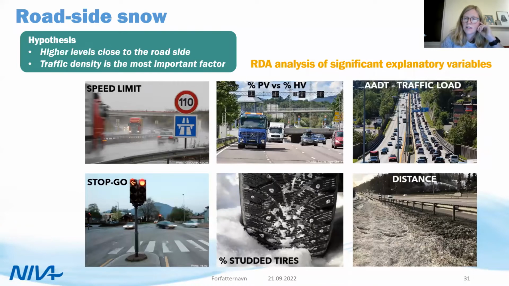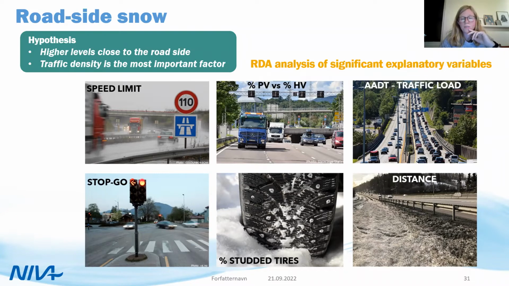And then we did an analysis trying to figure out which of these different types of variables could explain the variation, because we found a very large variation between different sites. So we looked at speed limit, we looked at the percentage of personal vehicles versus heavy vehicles, we looked at traffic loads, and we defined areas that had this stop-go kind of thing, so it could be roundabouts or light crossings or other types of areas where people will accelerate and brake a lot.